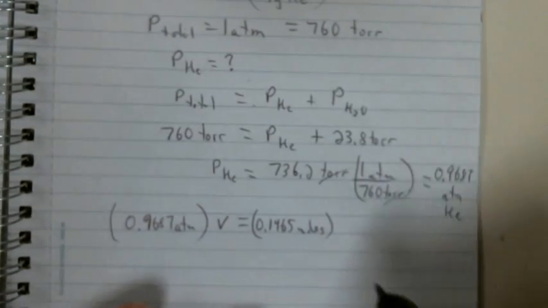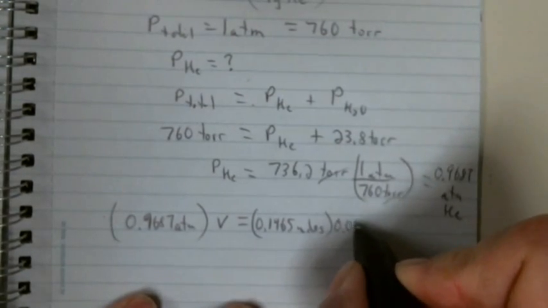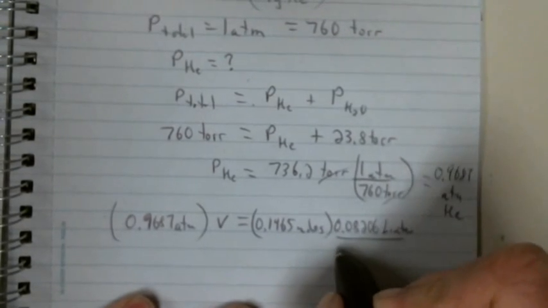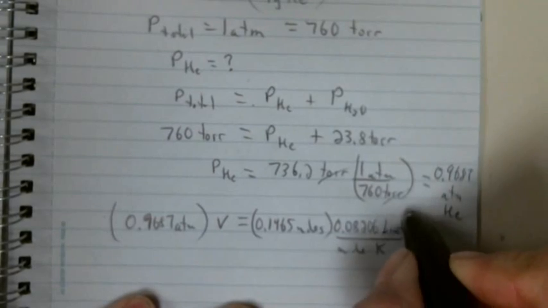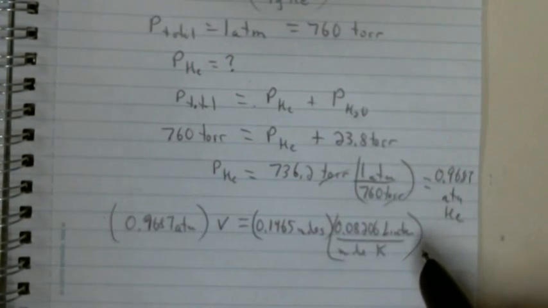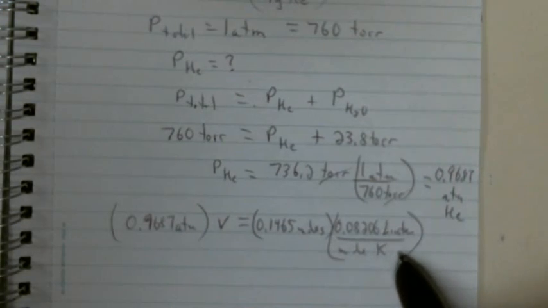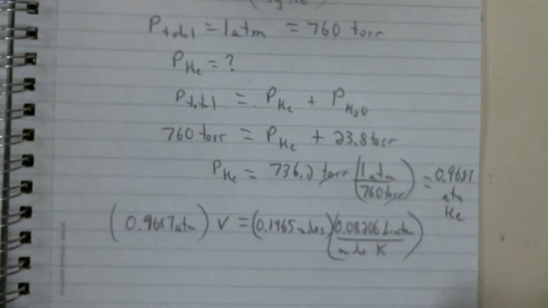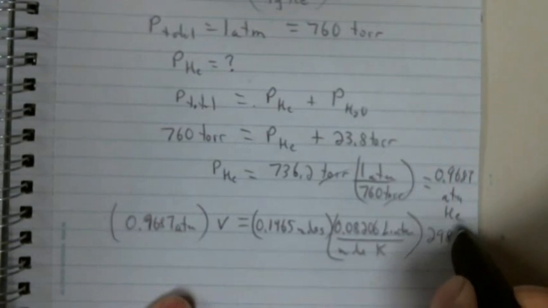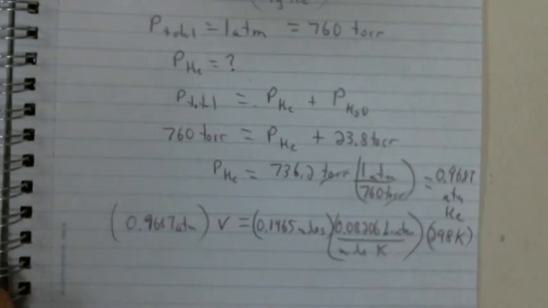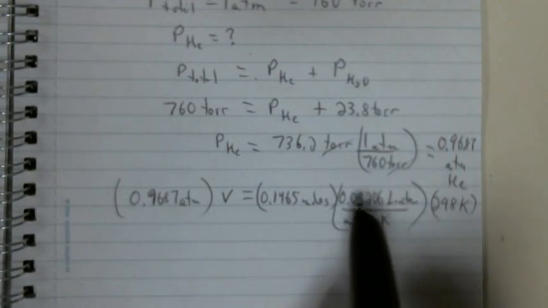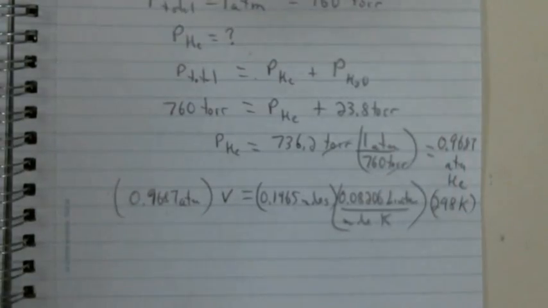And the gas constant is 0.08206 liters times atmospheres per mole Kelvin. And then this is really important, that 25 degrees Celsius has to be in Kelvin or it won't cancel with our gas constant. So 25 plus 273, so we have our 298 Kelvin. All right, so let's solve this. All we got to do is multiply this times this times this and divide by the pressure.